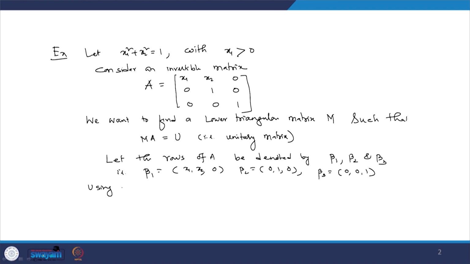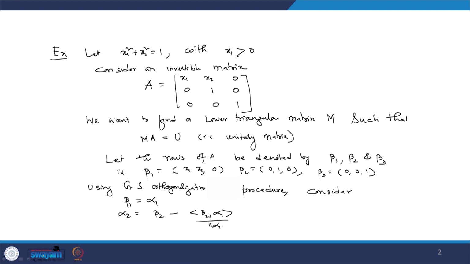Using the Gram-Schmidt orthogonalization procedure, consider beta 1 as alpha 1, and alpha 2 equal to beta 2 minus inner product of beta 2 and alpha 1 by norm of alpha 1 square into alpha 1.